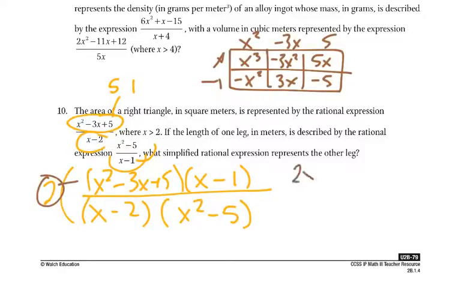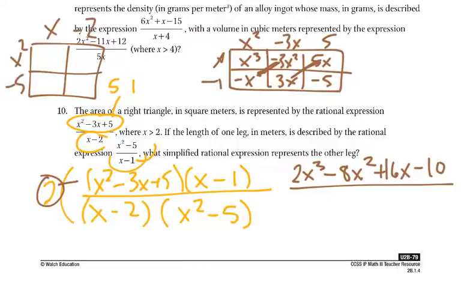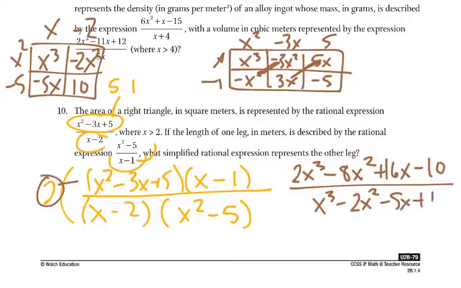So we would have 2x cubed, negative 8x squared, 16x, and negative 10. Over, we do the area model for that last one, so x and negative 2, x squared, and negative 5. So we get x cubed, negative 2x squared, negative 5x, and positive 10. So x cubed minus 2x squared minus 5x plus 10.